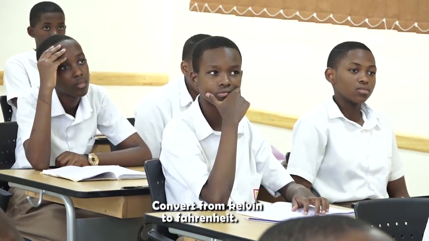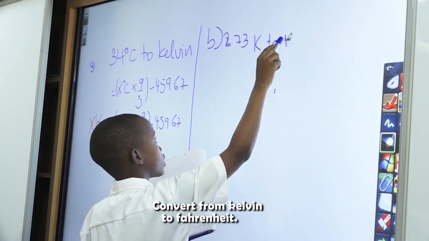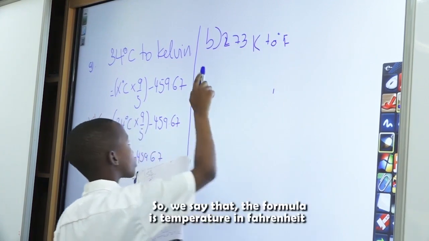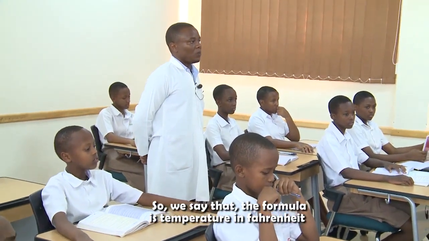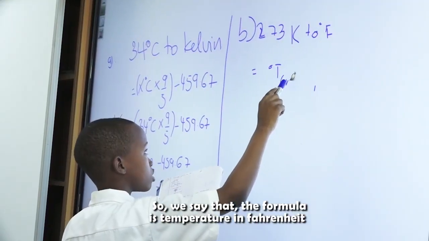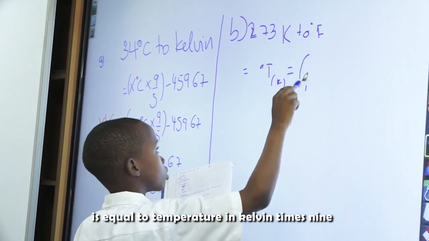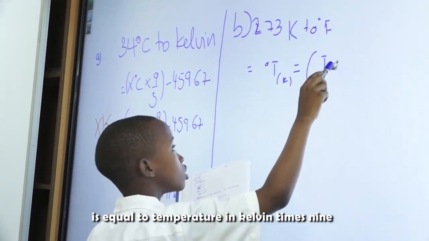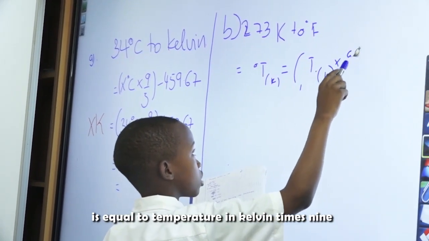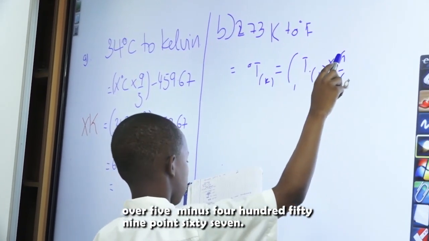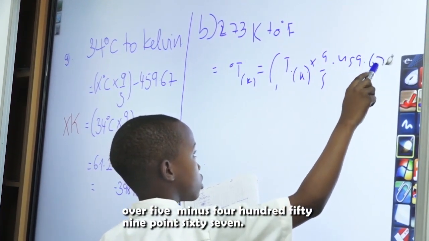Kelvin to degrees Fahrenheit. So we say that the formula is temperature in Fahrenheit is equal to temperature in Kelvin times 9/5 minus 459.67.